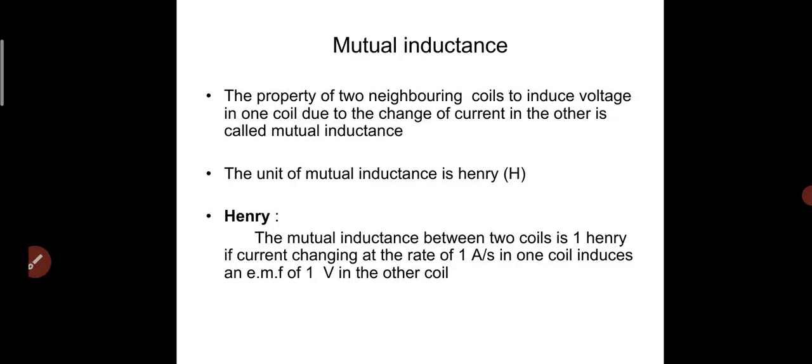It is denoted by the letter M and is measured in Henry.